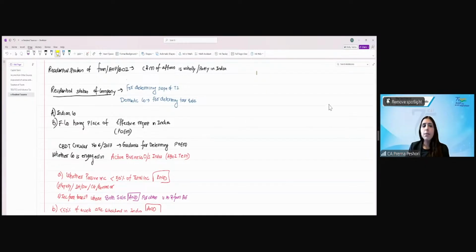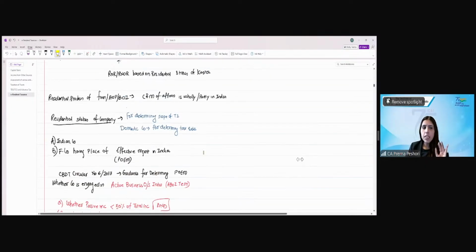Correct. But principally, the meaning of the POEM is the place where the key management and commercial decisions are in substance being made. Okay, so that is the place of effective management.